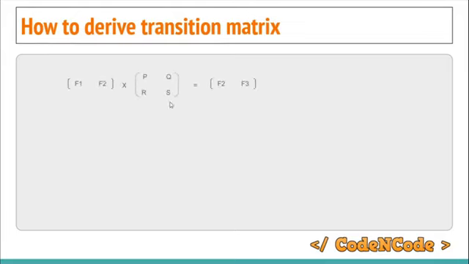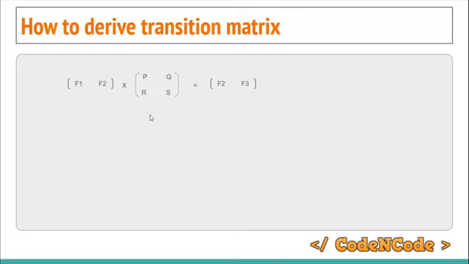If you have taken that lecture, you might be familiar with this expression. This is a row matrix of base terms. Base terms are f1 and f2, the first two terms, because the first two terms are given and we have to print the nth term. If you multiply it with the transition matrix, the result is f2, f3, that is the next terms.